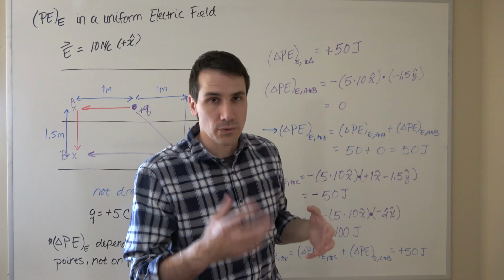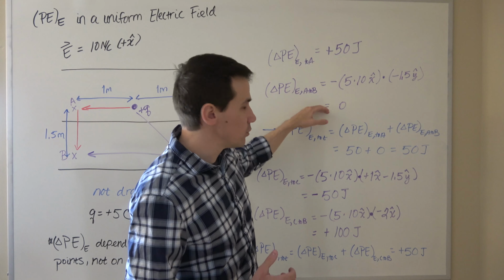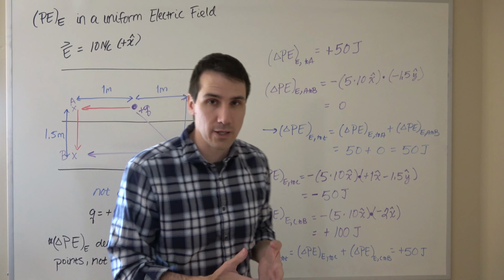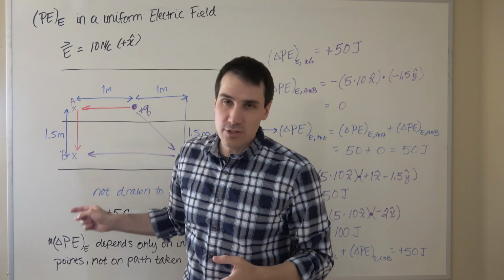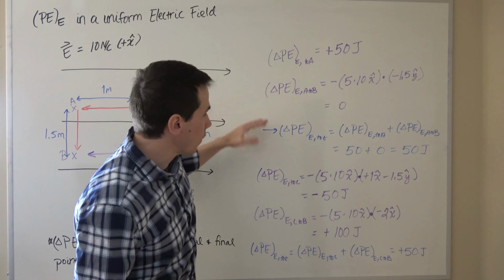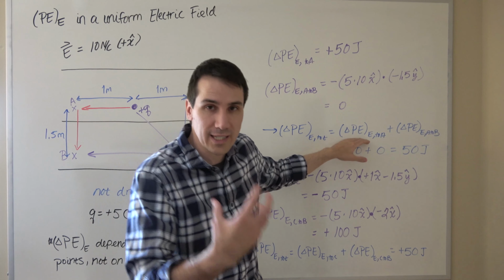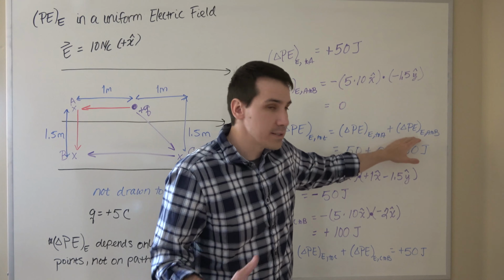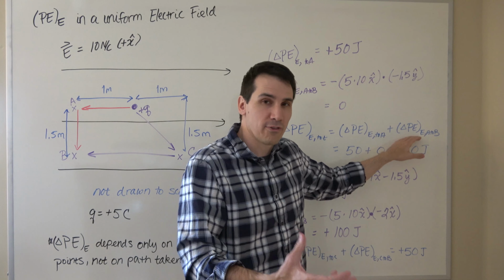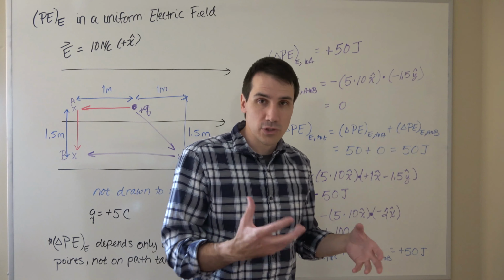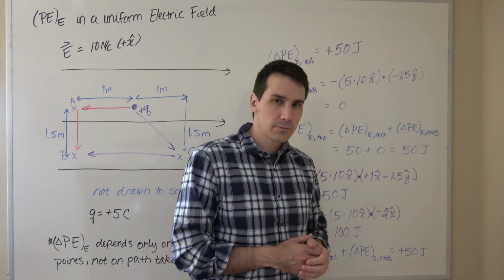My electric field is only in the x direction, so there is no work done and no change in potential energy between these two points. So my total change in potential energy is the change in potential energy to get to point A, plus the change in potential energy to get from A to B, and I end up with 50 joules, just like I found before.